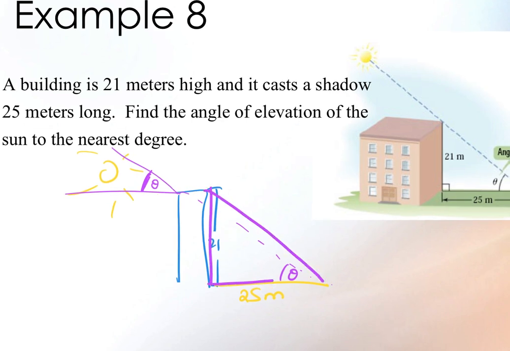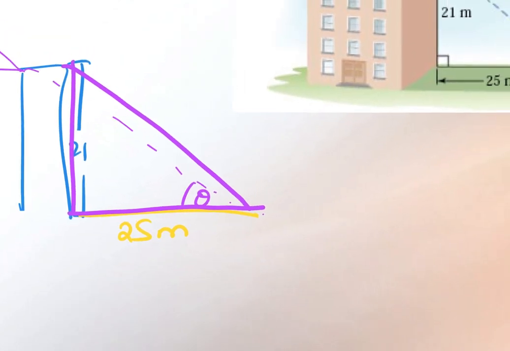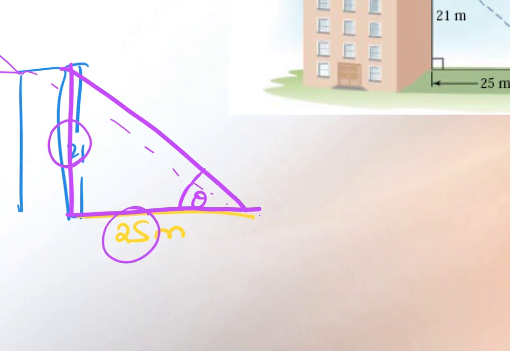So I've got a right triangle, which is what that picture shows, where this time I'm looking for the angle. Do you remember what changes when you're looking for the angle on your calculator? You're using the inverse buttons, which are the ones over what you would normally use. I still have to set up the relationship. In relationship to this theta, 21 is opposite, 25 is adjacent.